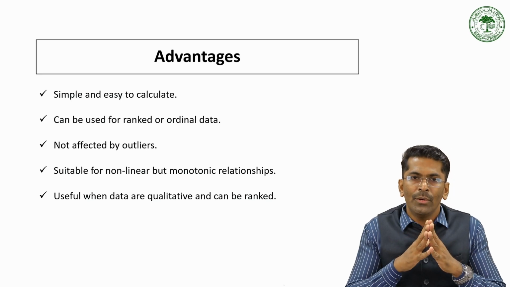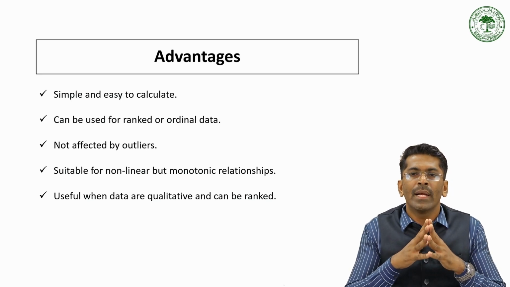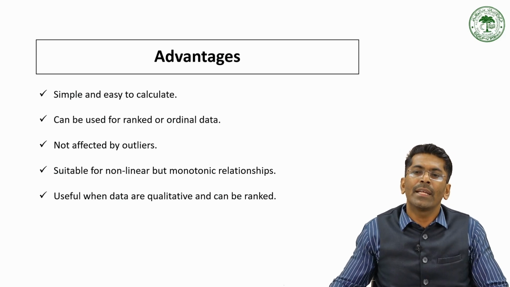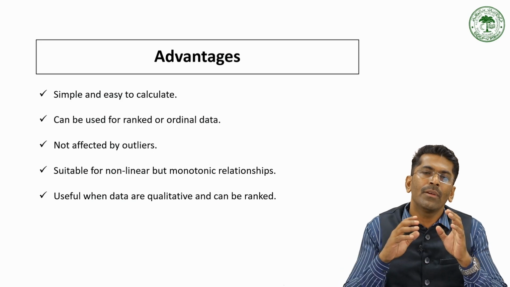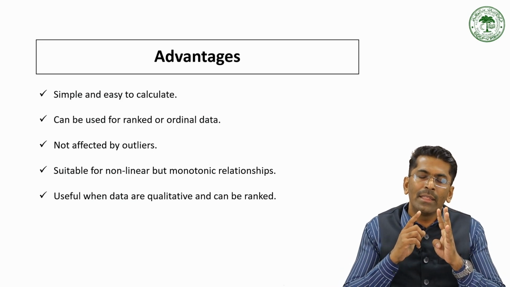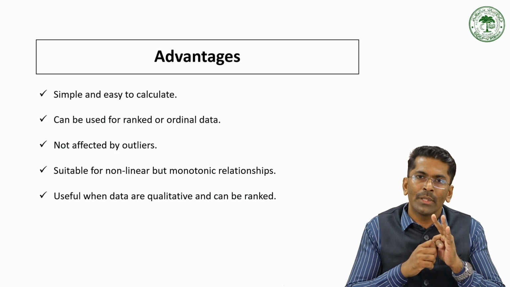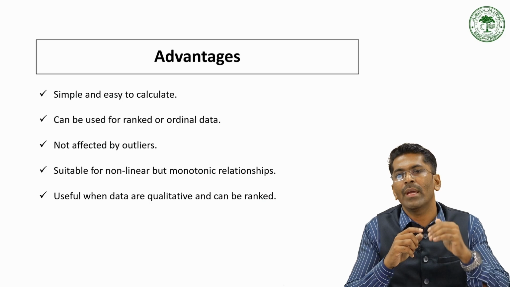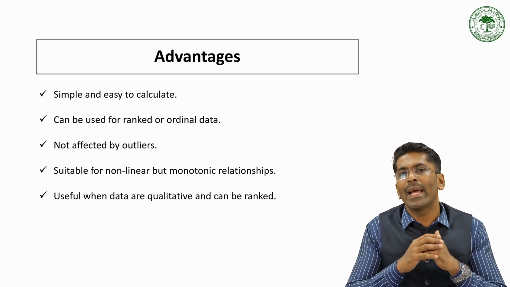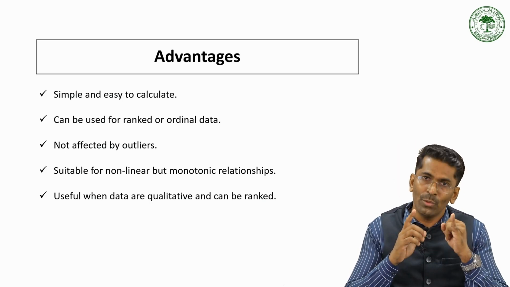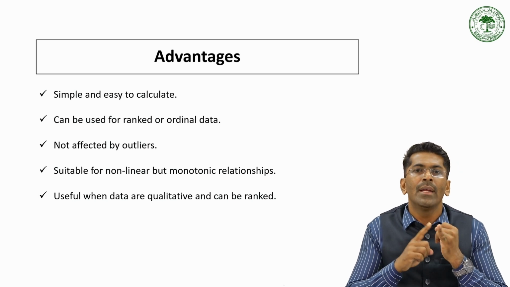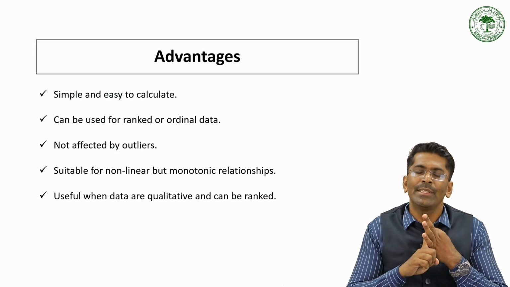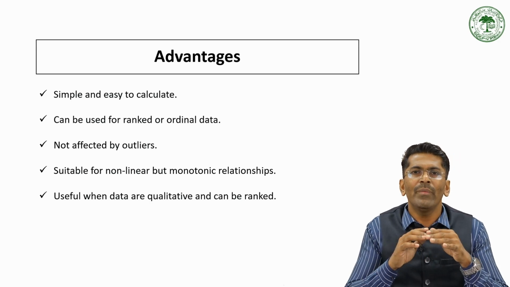So these are the various advantages of the Spearman rank correlation. So let me conclude here. In the last 5 lectures, we have discussed the concept of correlation, then methods for calculating correlation in terms of scatter diagram, in terms of Karl Pearson's coefficient of correlation, where we used different methods: using the actual value of the variable, the deviation taken from its mean, the deviation taken from the assumed mean, and the covariance method along with its derivation.